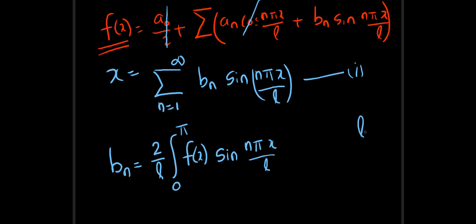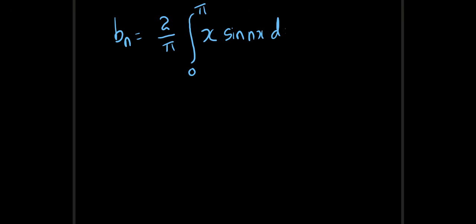Yeah, L is equal to pi. So this pi and pi will get cancelled and we'll get something nice. So we're going to get bn equal to 2 by pi integral 0 to pi, f of x is x, sine nx dx.